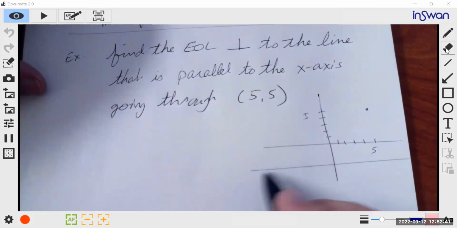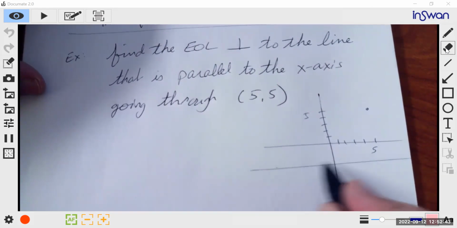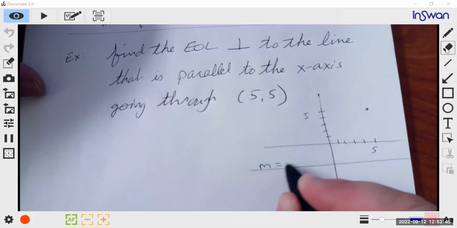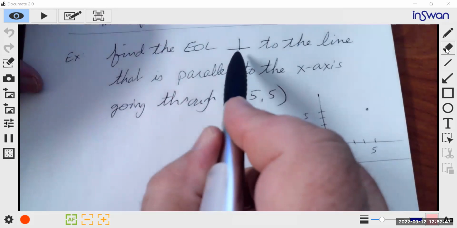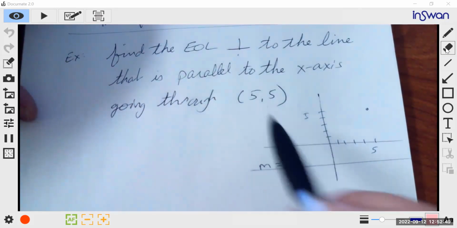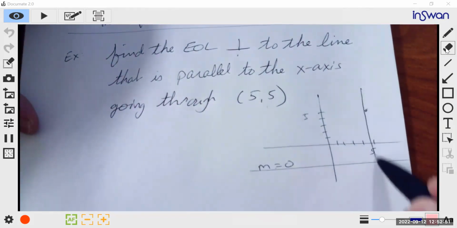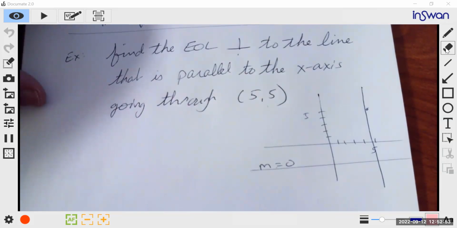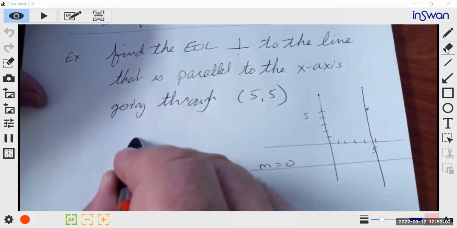What's the slope of this line? 0. Now, it's got to be perpendicular to it, going through that point. So what's my equation? y equals 5.